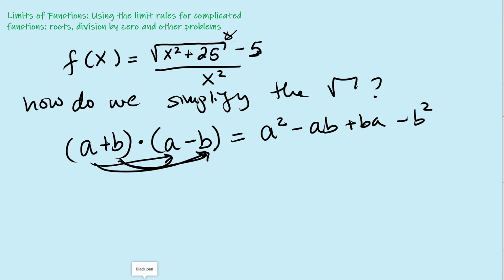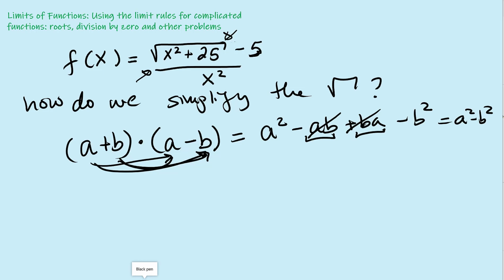Now, negative ab plus positive ba cancel because we have the commutative law, ab equals ba, and we're left with a squared minus b squared.